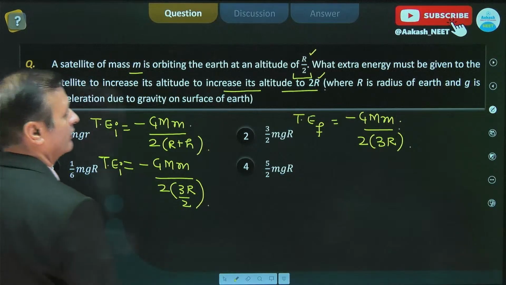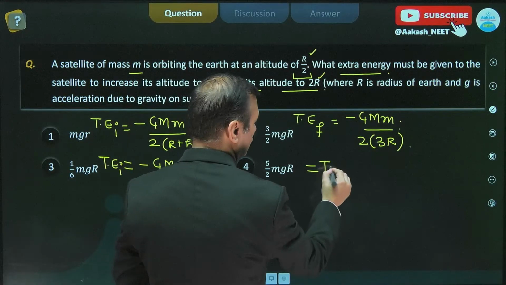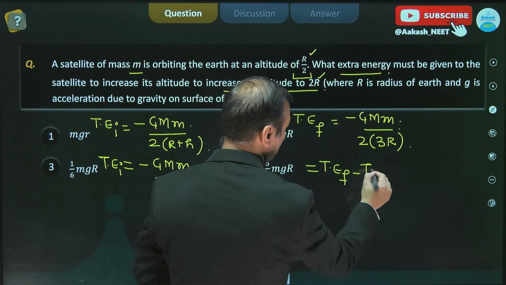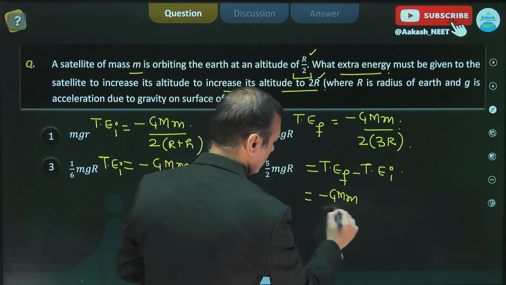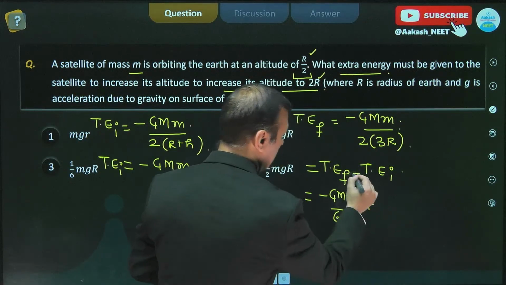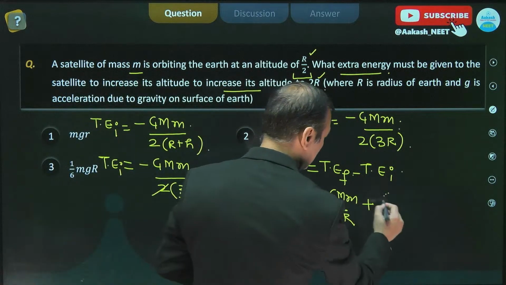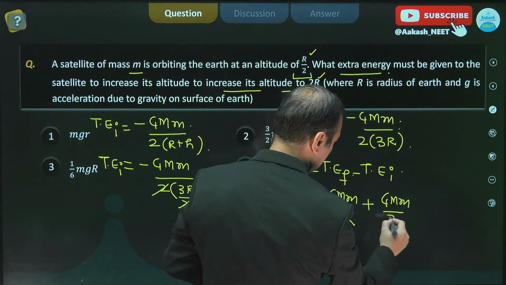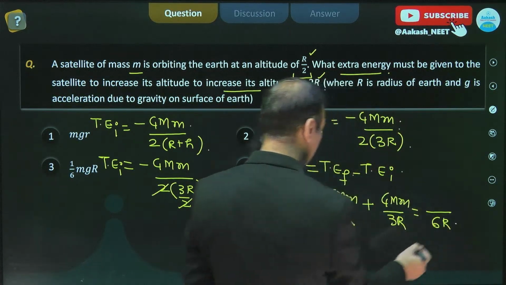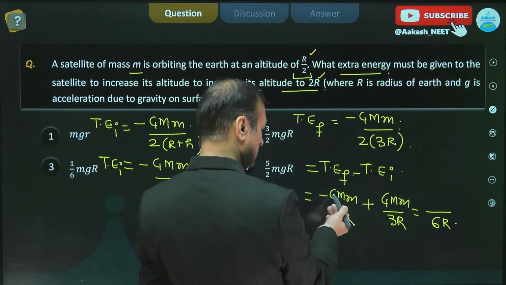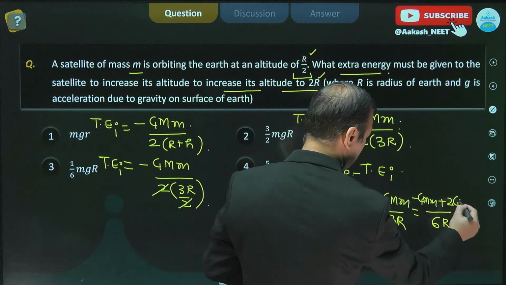And we have to find out the extra energy. So that extra energy is total energy final minus total energy initial. So this is minus GMm by 6R, and this minus becomes plus, and when you solve it, it becomes minus GMm plus 2GMm by 6R.